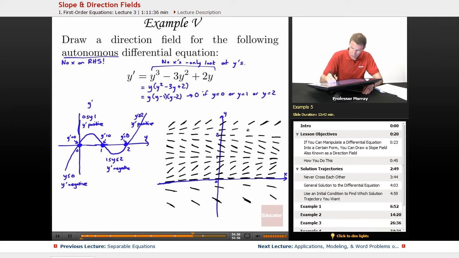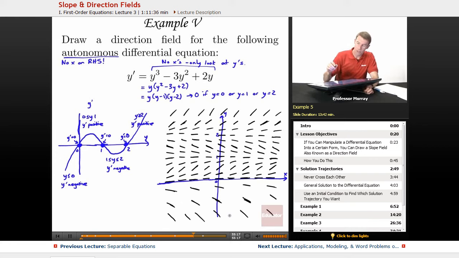And I see that as I go for bigger and bigger values of y, they're not leveling off, they're just getting steeper. So let me draw some steeper slopes here. And over in the negative range, they're getting steeper as well. It's a little hard to make sense of all this, but I've got a couple horizontal lines that help me inform all the other solution trajectories.